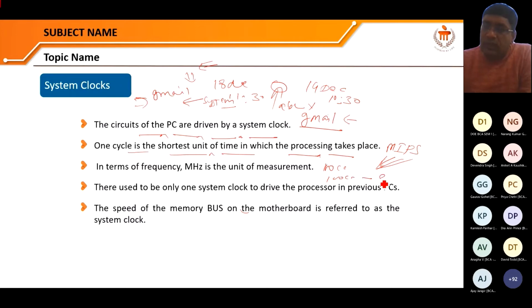Same here, if we are talking about 1.2 gigahertz or a megahertz, at that time it can calculate MIPS, million instructions per second. Now I think it is easy to understand.